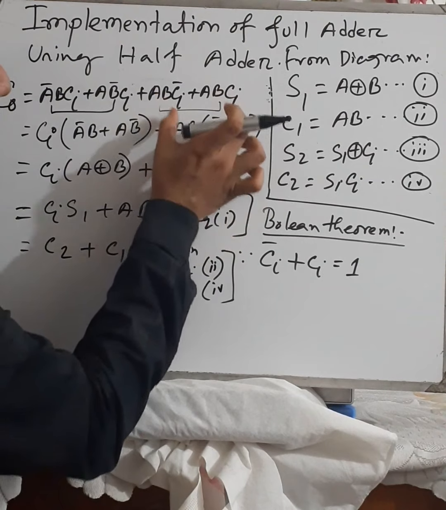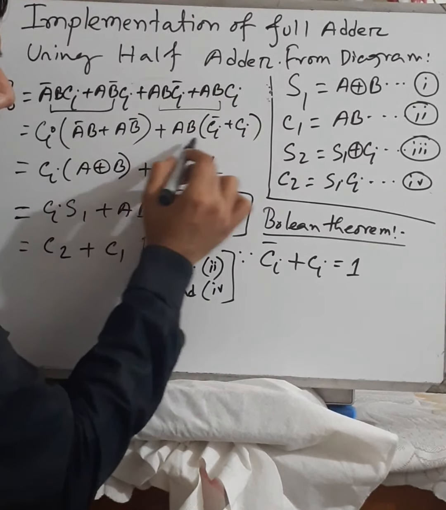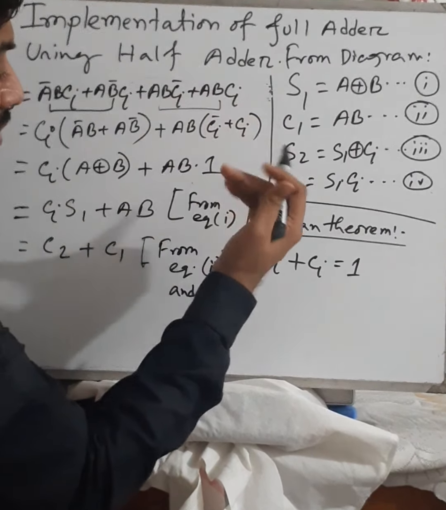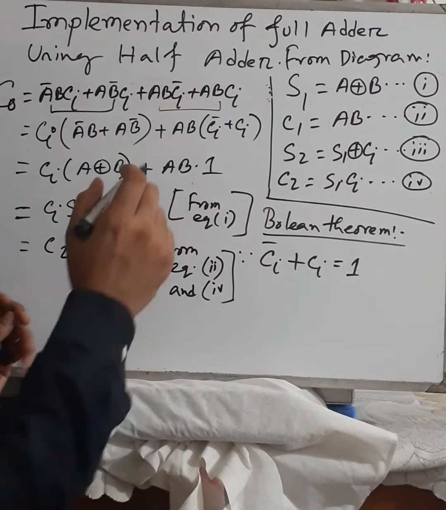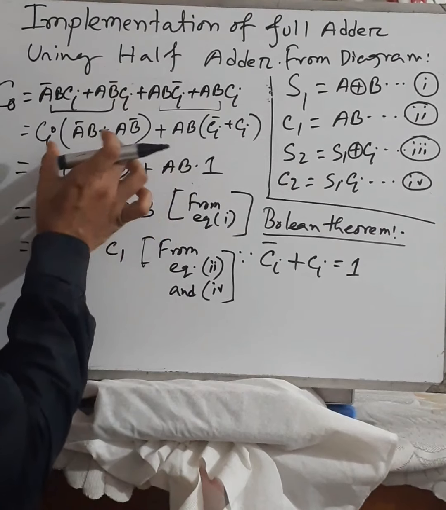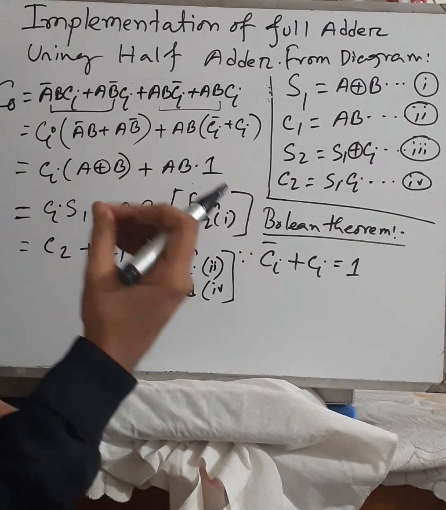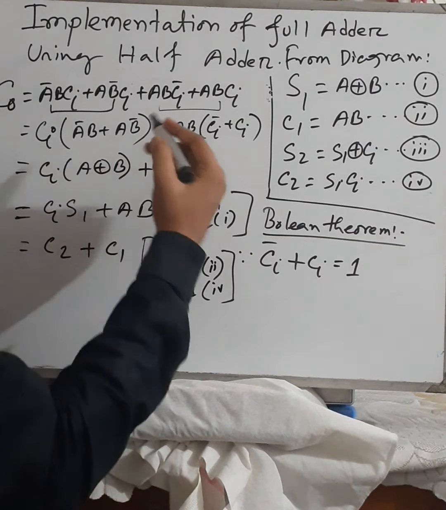Then if I take AB from these two parts, what will the rest be? Ci bar plus Ci. Then you see on my whiteboard I have a common equation for all of you: A bar B plus A B bar.